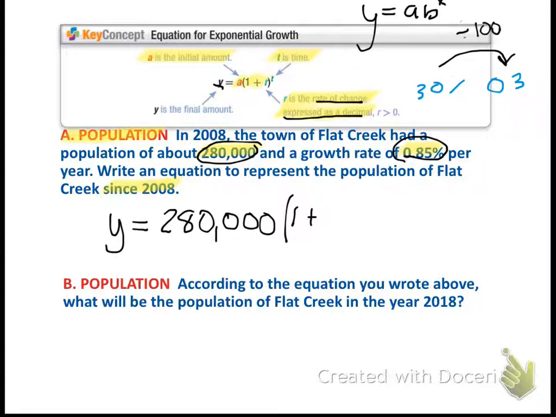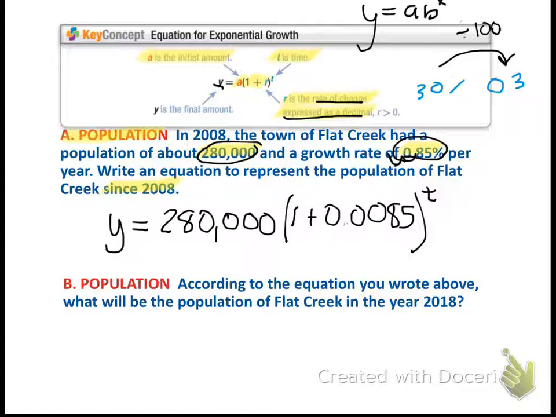So I'm going to move the decimal place 2 places to the left. So that gives me 0.012085. That's a really, really small rate of change. This population is not growing super fast. To the t. And remember, t is the amount of time.